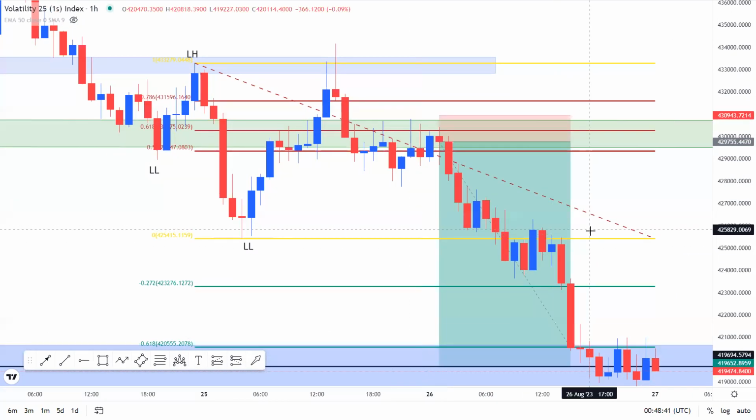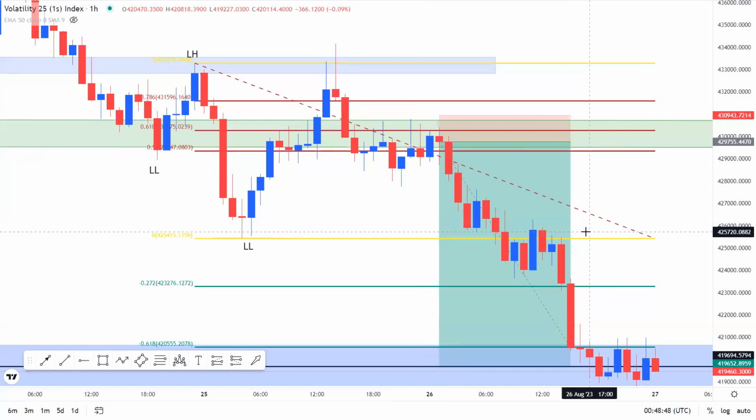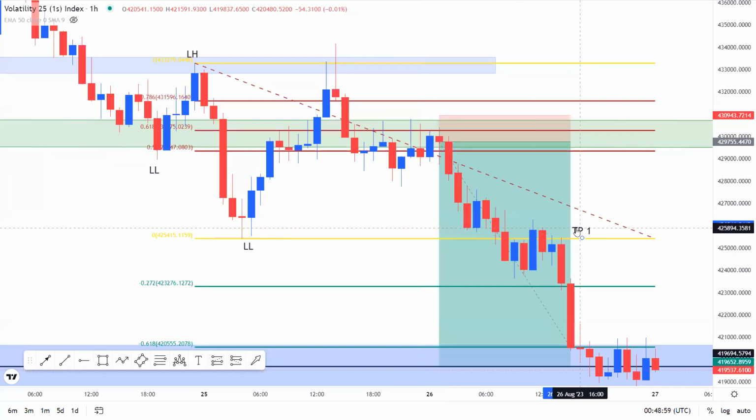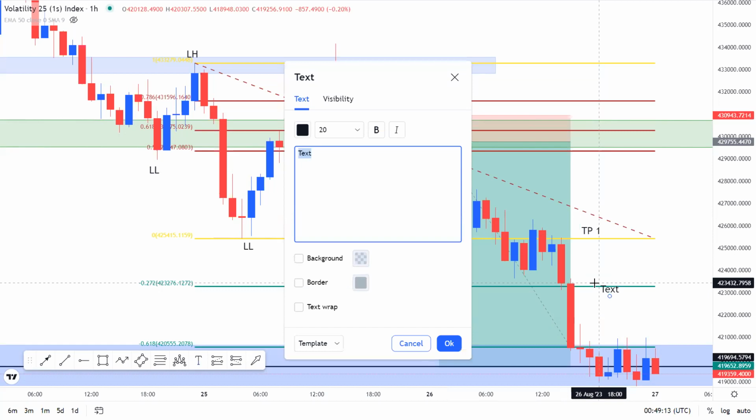So we have this being TP1, which is the previous lows. Then negative 27.2 would be the best level for take profit 2.